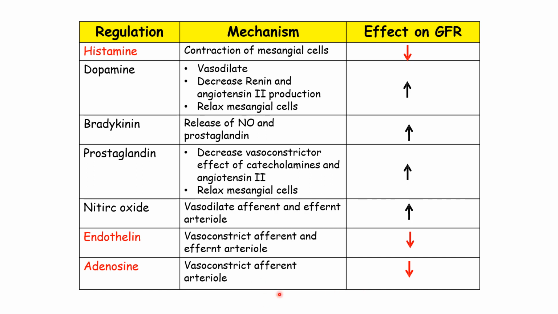So you should not learn these by heart, because if you know the mechanism of action of each of these hormones, you can easily tell how it affects the GFR. So try to remember the mechanism of action of each and every hormone, and all the previous slides which I have shown you, the feedback flow chart forms: tubuloglomerular feedback, myogenic mechanism, neural mechanism.